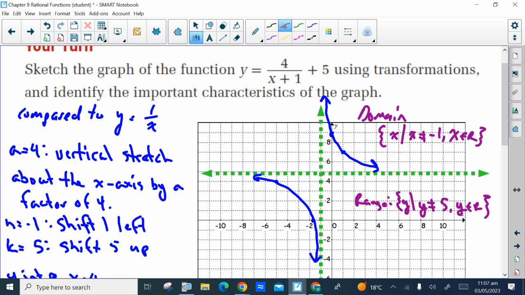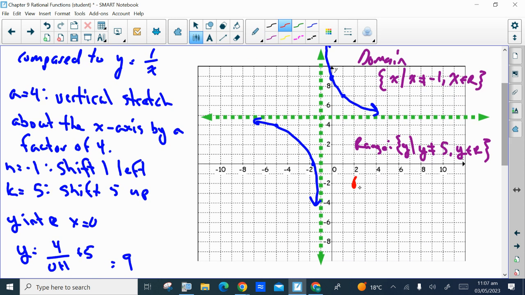If we were asked to state the equations of our asymptotes, we'll have one at x equals -1, the other at y equals +5.